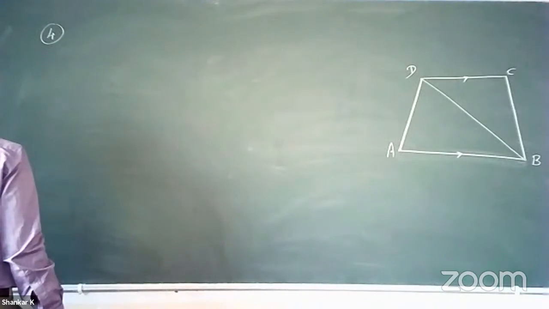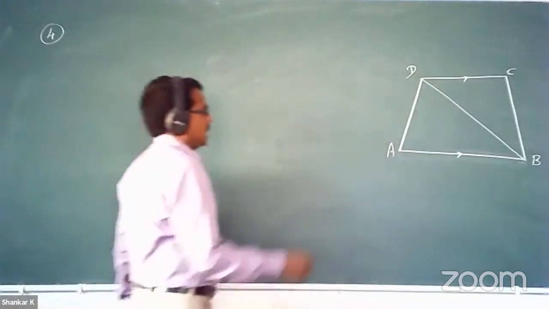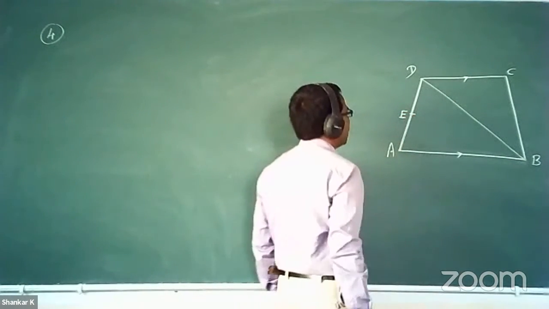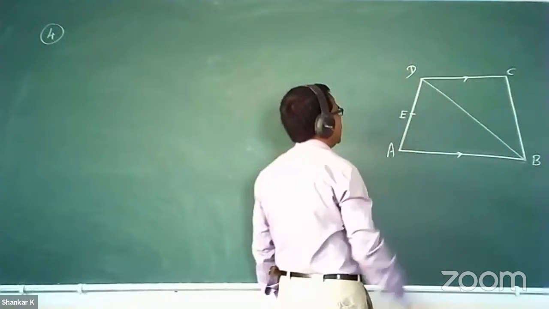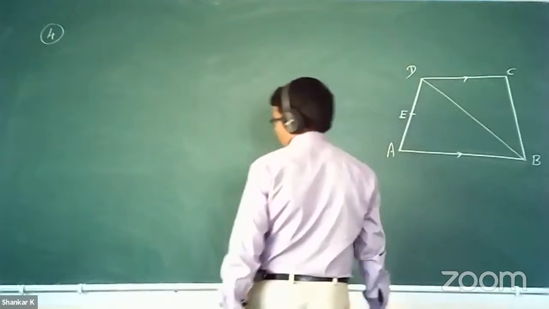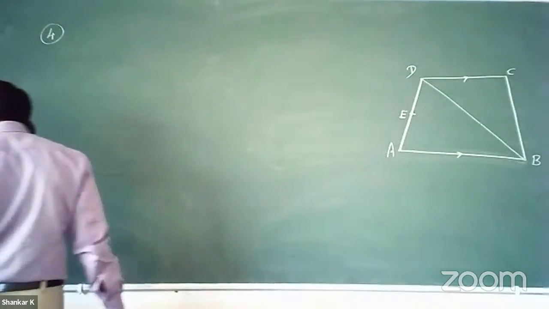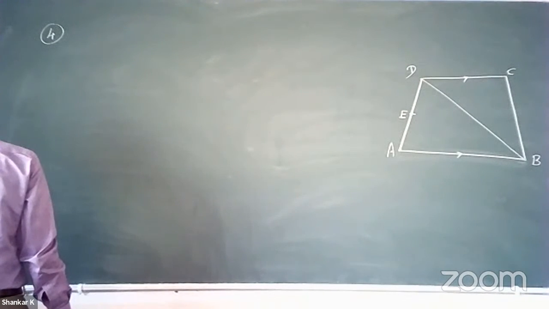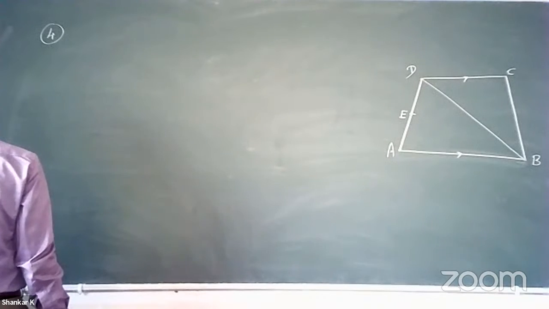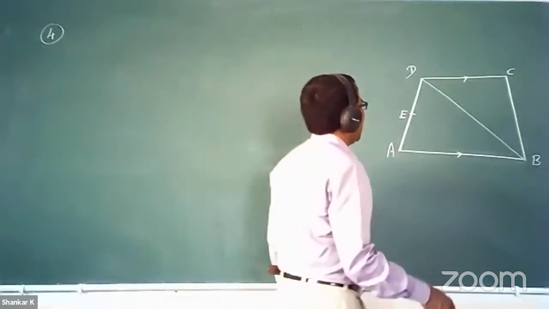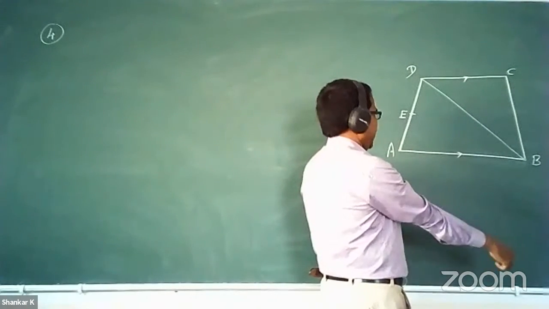Then what else is told? E is the midpoint of AD, which means AE and ED are equal.